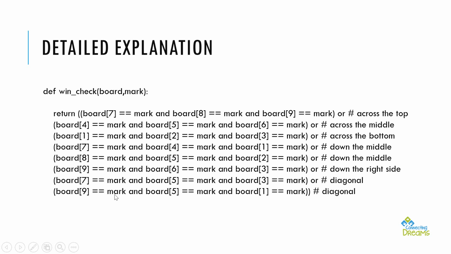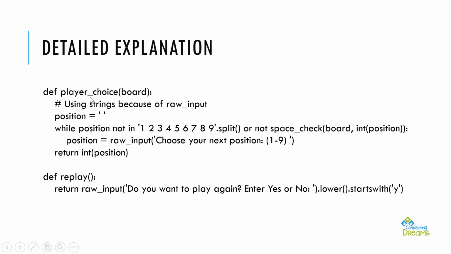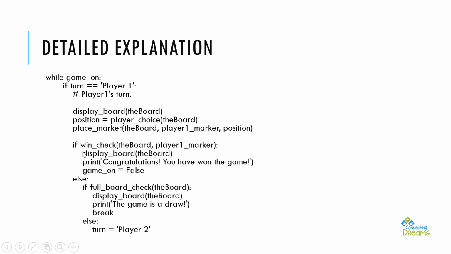We say that if you get the correct marker in all of these locations, then because of the rules of the tic-tac-toe game, whether horizontal, vertical or diagonal, someone has won the game. This checking is done in the function win_check. So here you're calling this, passing the marker of player 1, and identifying whether anyone has succeeded.